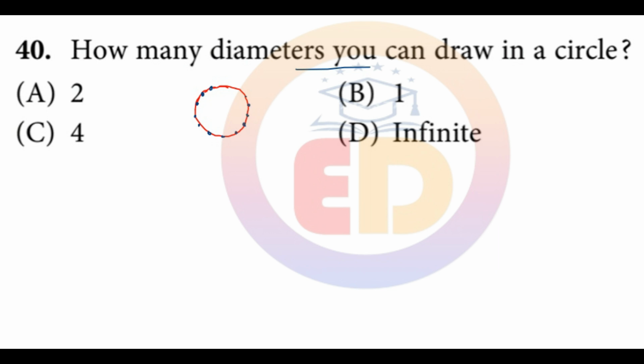Diameter, we know, is a line segment which passes through the center and joins two opposite points. So in a circle there can be an infinite number of diameters, but they should pass through the center. My diagram is slightly rough, but you understand, the answer here will be option number D, infinite number of diameters.